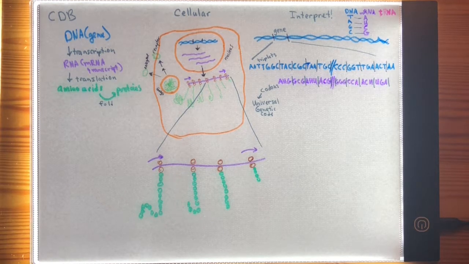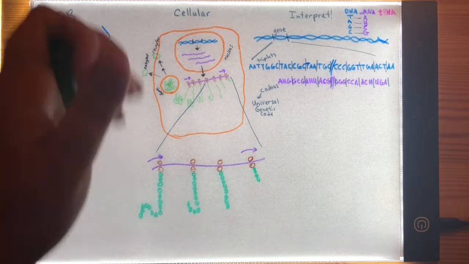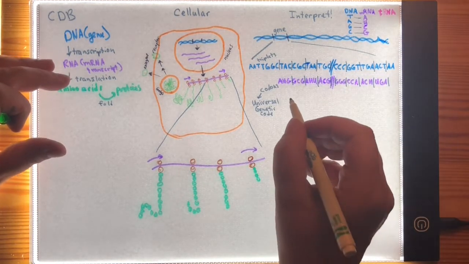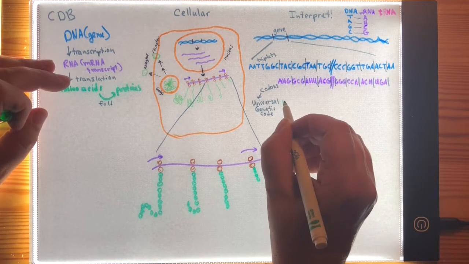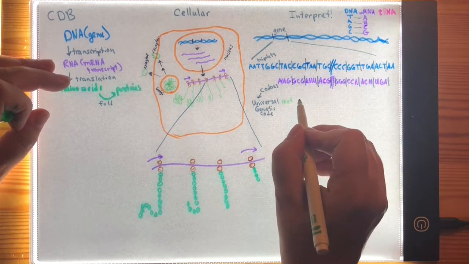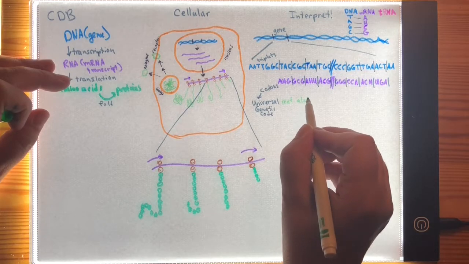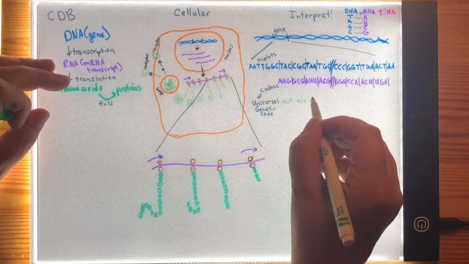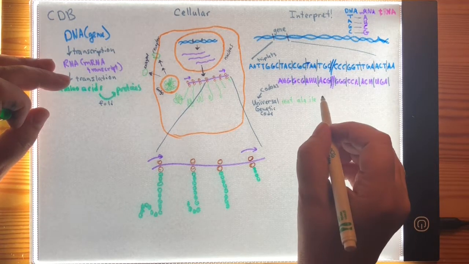The codons on the mRNA transcript are what we use to look up the proper amino acid in the universal genetic code. You can find the universal genetic code in your textbook or simply Google it online. It's always the same. So these 3 letters together, the codons that you find on the mRNA transcript, will correspond with an amino acid, and it always is exactly the same way.